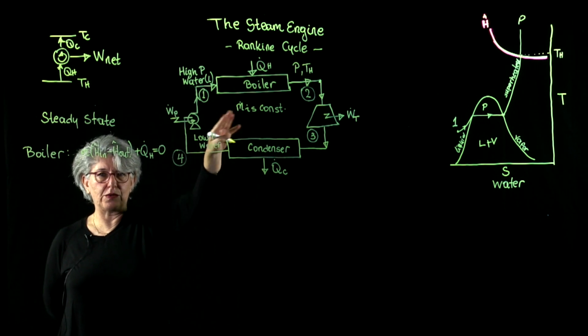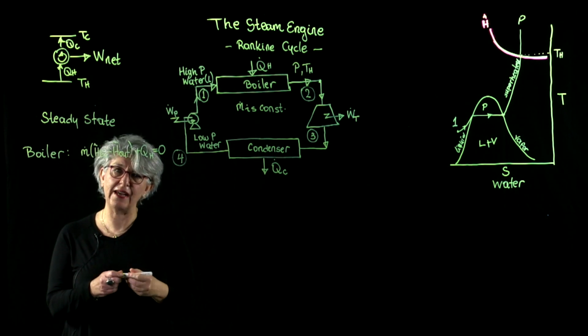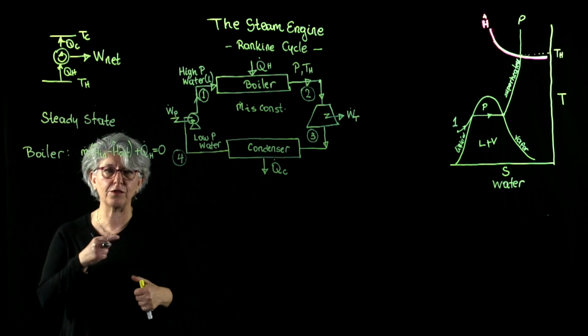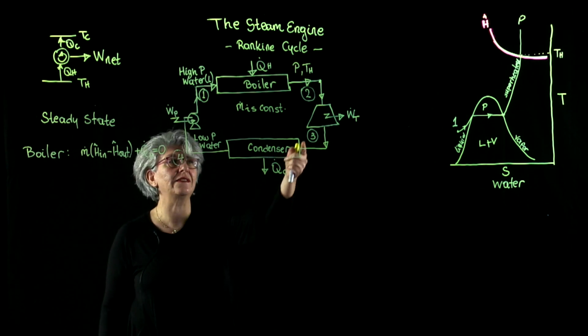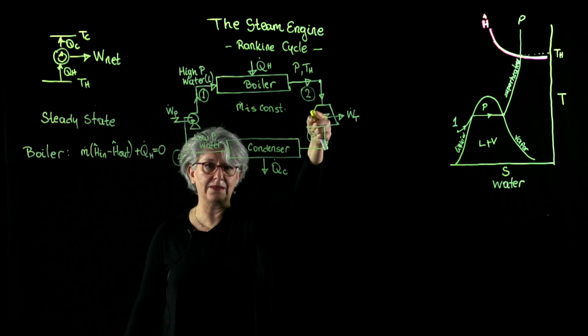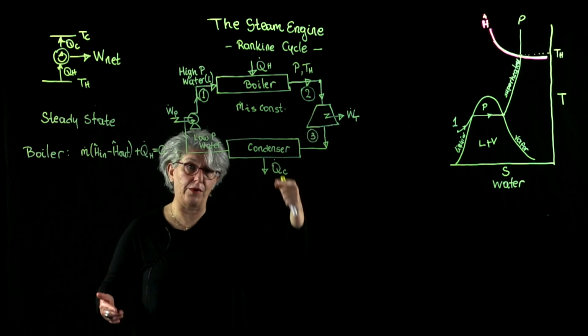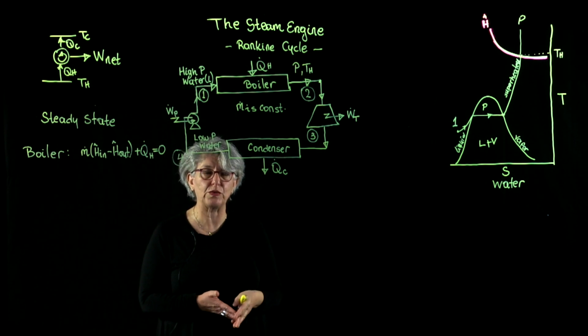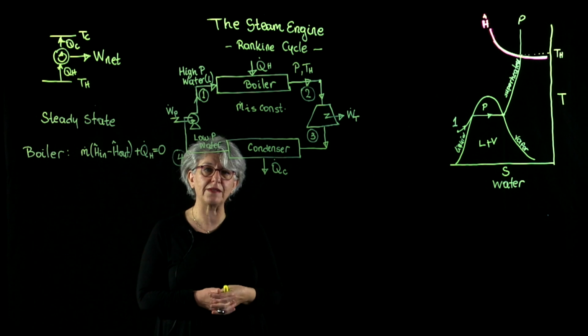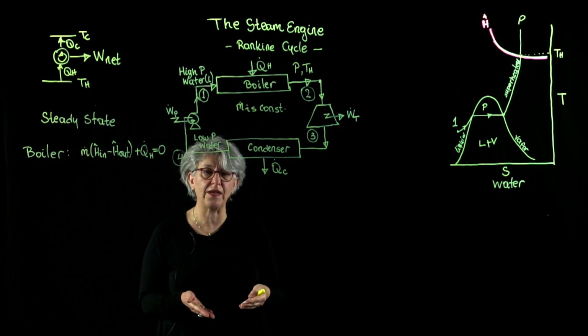How are we going to know those temperatures and pressures? That is the part of the training of the engineering: boilers are designed relative to the available turbines, and relative to the fuel that is going to be used. And of course, we have to pay attention to the material of construction as well.